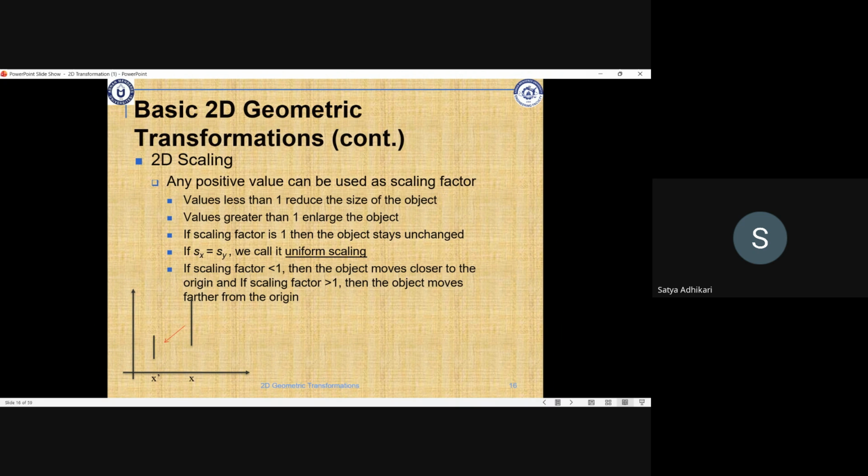From the scaling factor, we are able to know whether we are going to increase or decrease the size. If the scaling factor value is less than 1, then the object is reduced. If the value is greater than 1, the object is enlarged. If the scaling factor is exactly 1, the object stays unchanged.